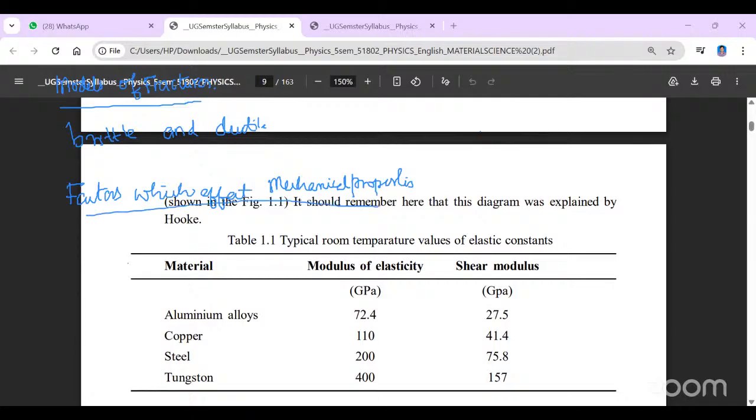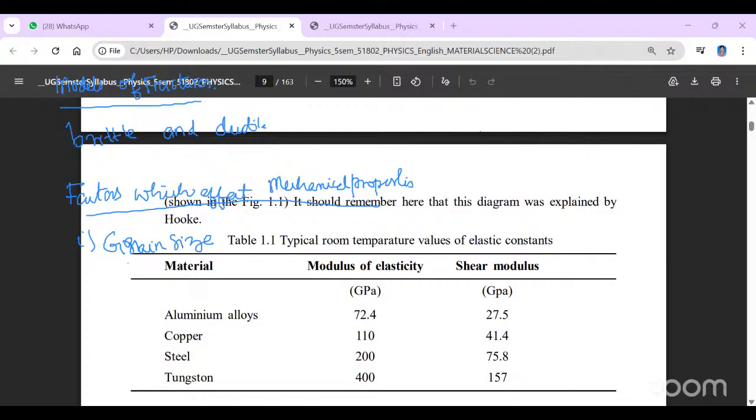Here we will see the factors which are affecting the mechanical properties. The first one is the grain size. This is one of the important properties of the material.